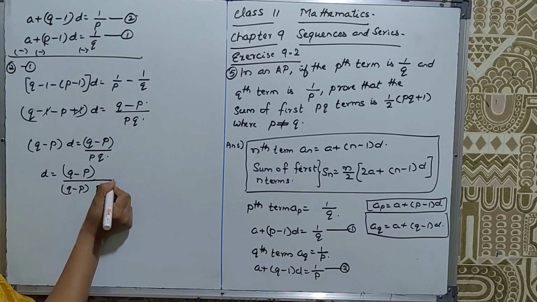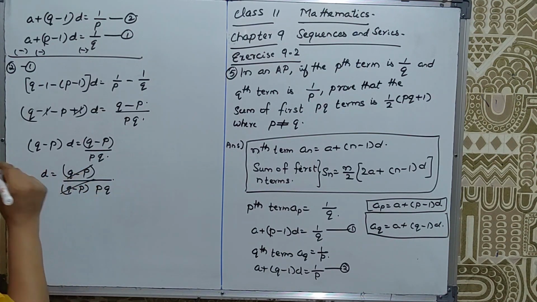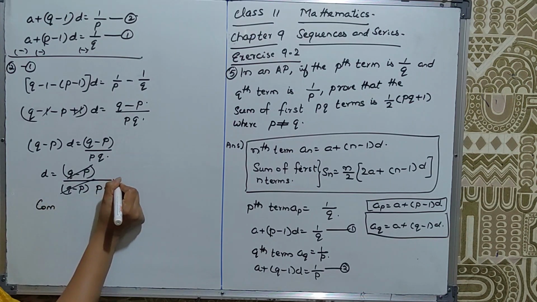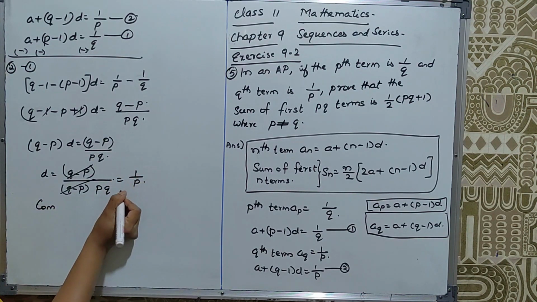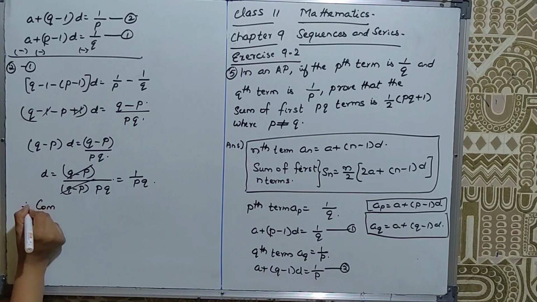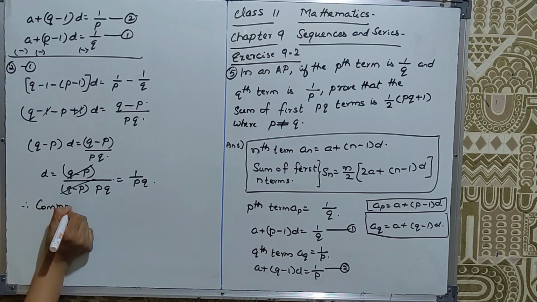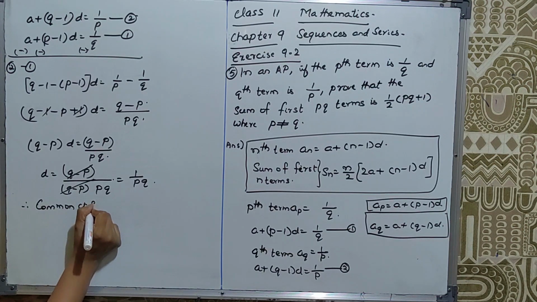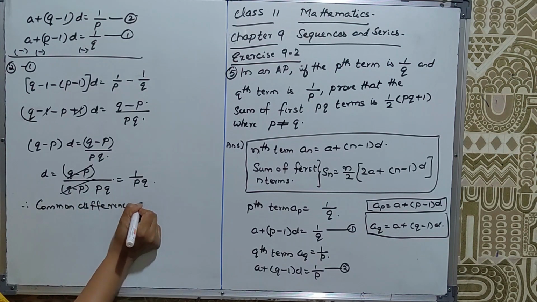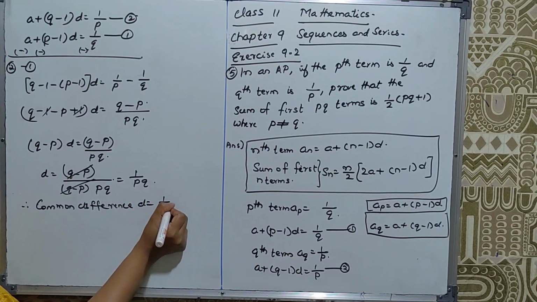So q minus p and q minus p will be cancelled. Therefore the common difference d equal to 1 by pq.